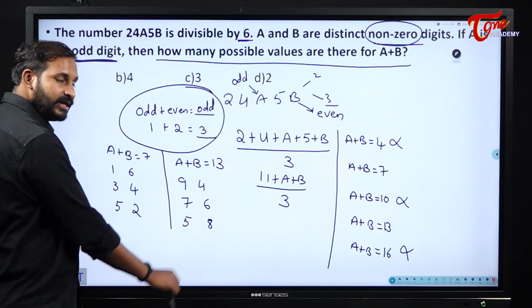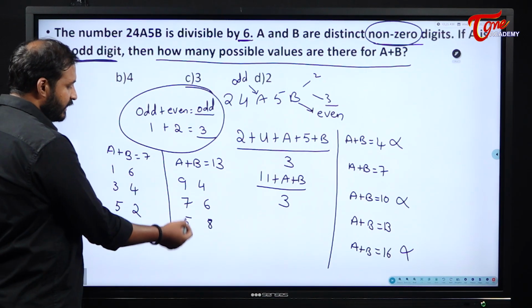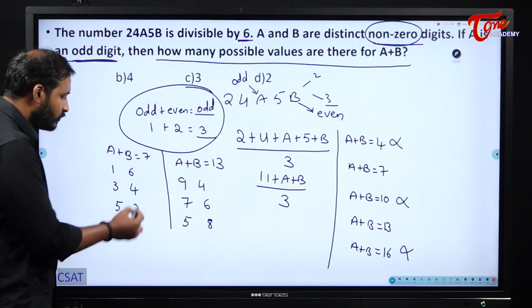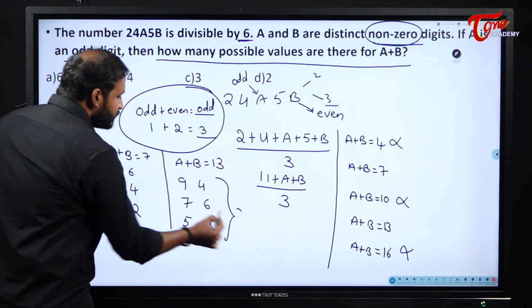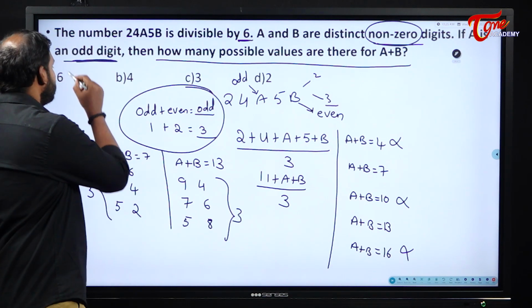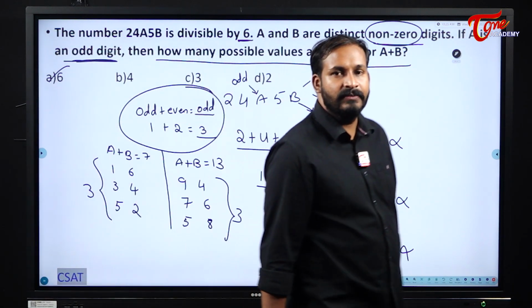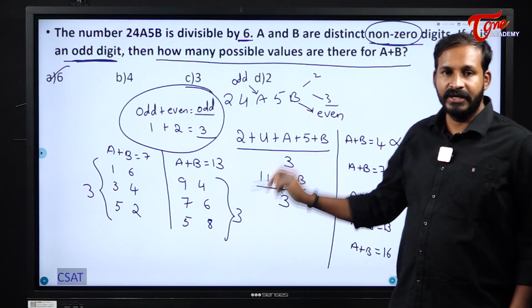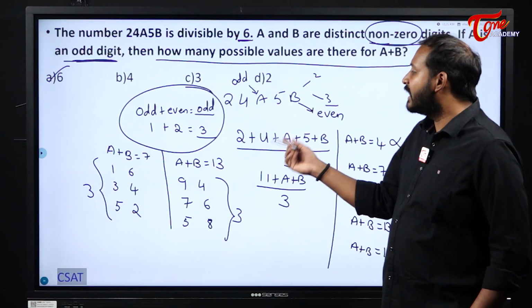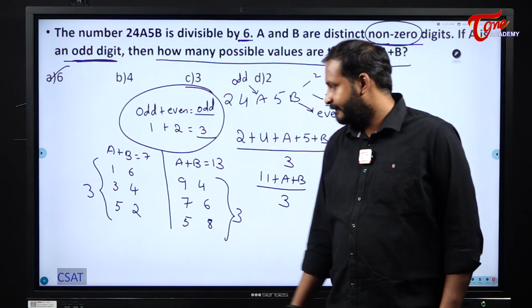Can I take B as 10 here? No, I cannot. Can I take any other values here? No. So how many chances do I have here? 3. And how many chances here? 3. So 3 plus 3, 6 chances. So there are 6 chances for A plus B which satisfy the given condition that A should be an odd integer and indirectly B should be an even digit.